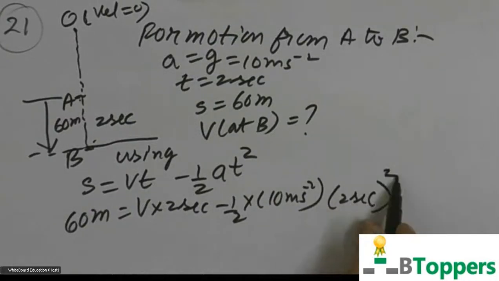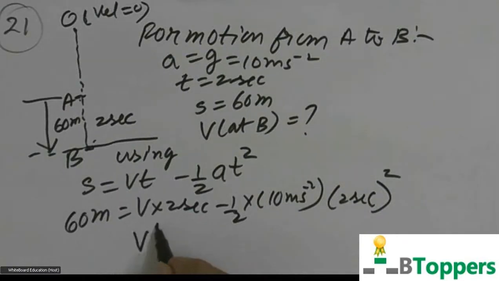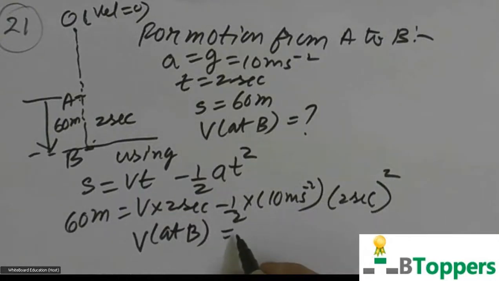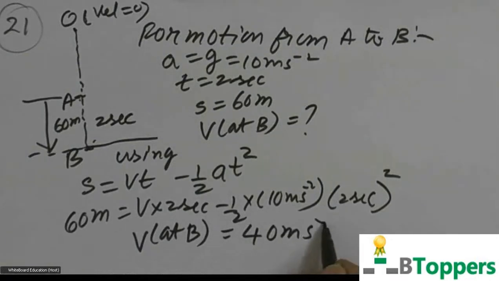So you can simplify this, and you get velocity at B as 40 meters per second.